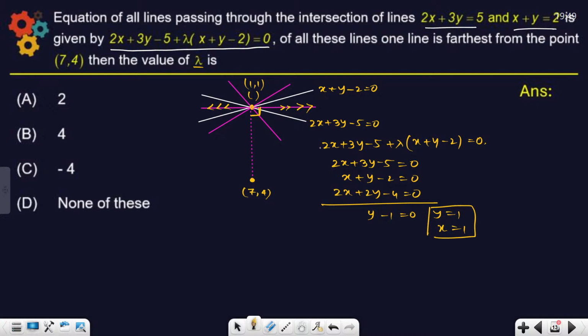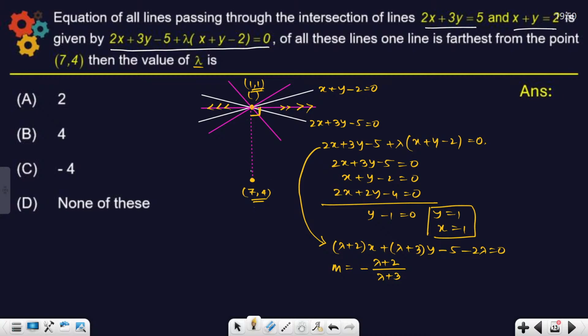Now, what is the slope of this family of lines? Let me open the brackets. So what is the slope of this line? The slope of this line is minus, lambda plus 2, coefficient of x divided by coefficient of y. Is it clear? That is the slope of this line. Now we got this point as 1, 1 and this point given 7, 4.